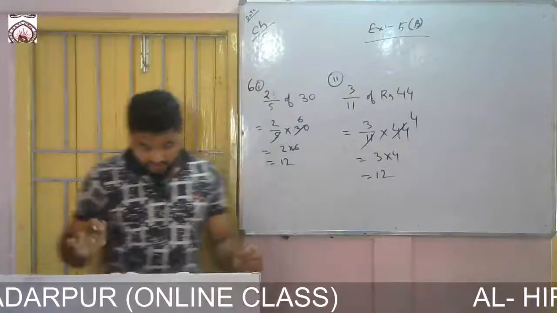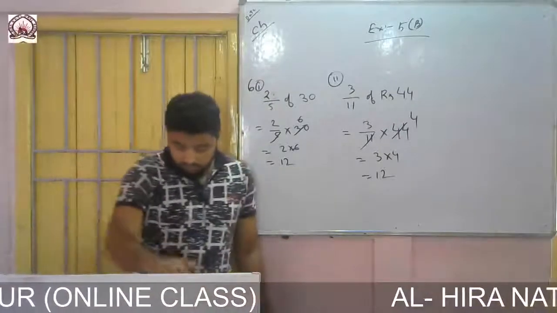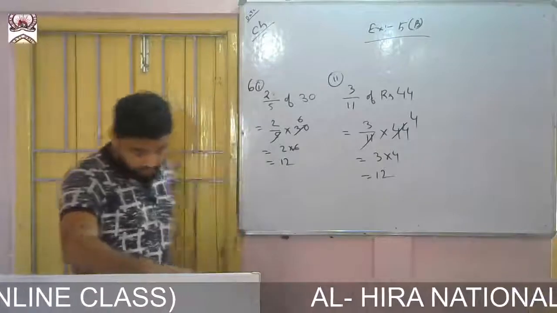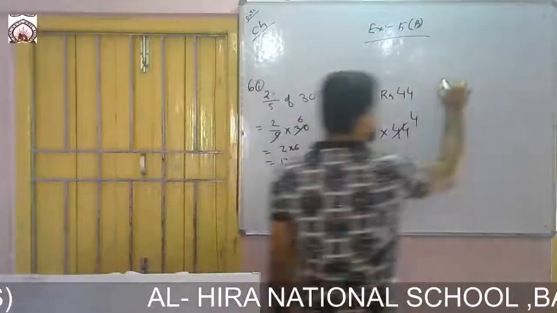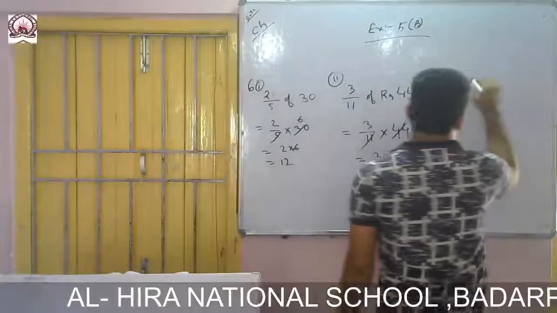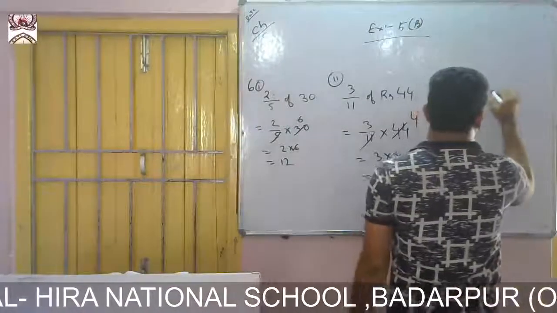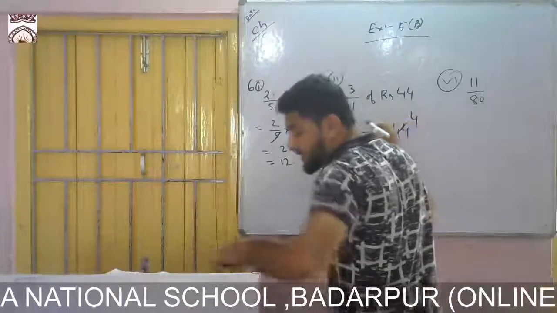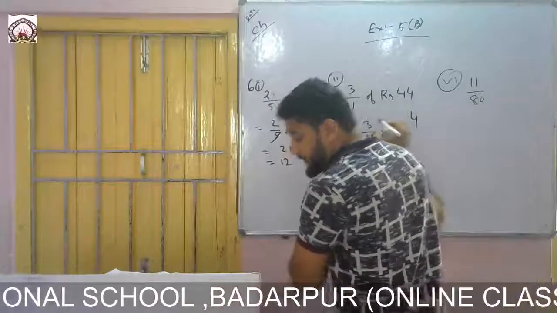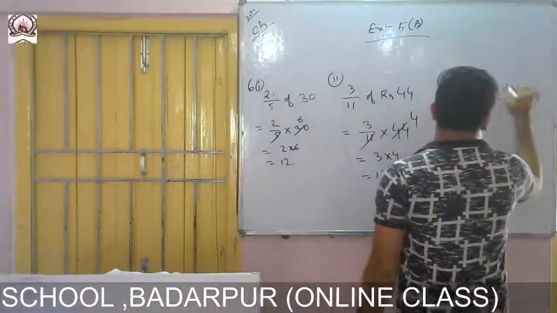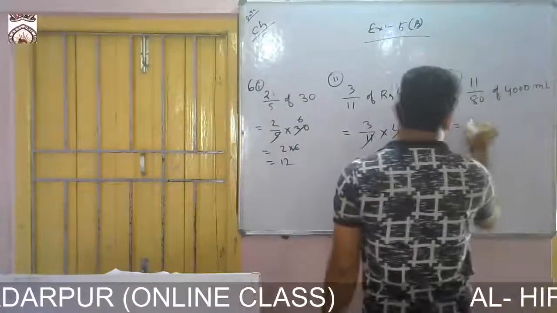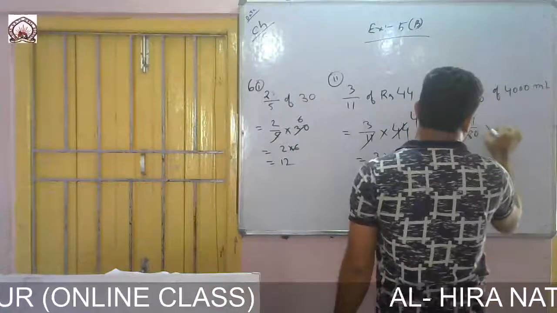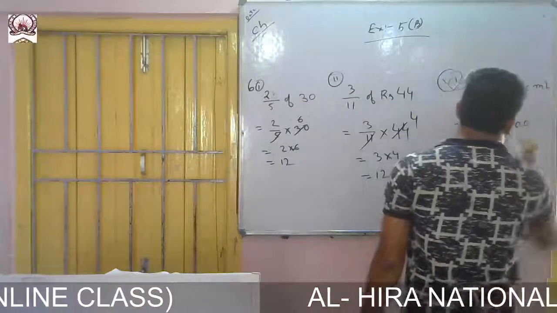Now come to question number 6. 11 by 80 of 4000 ml. So what? 11 by 80 into what? 4000.